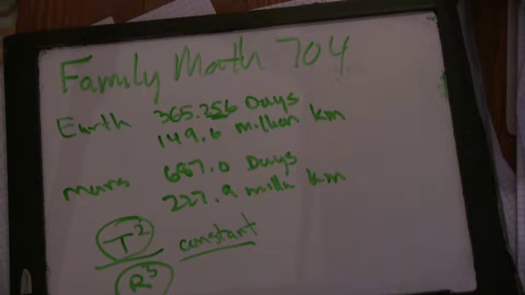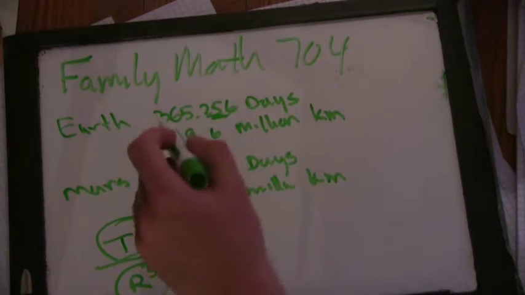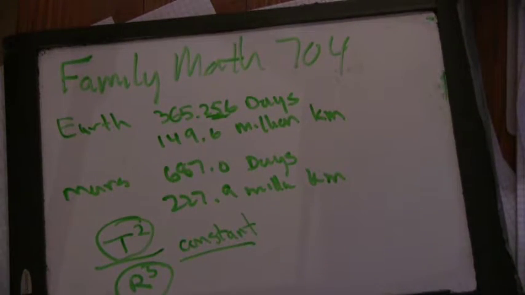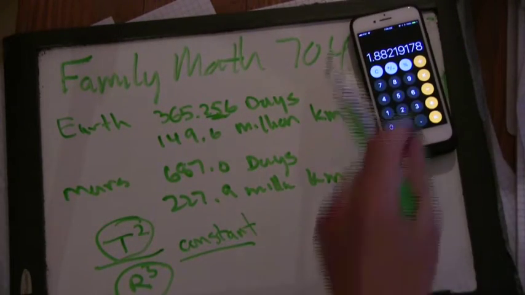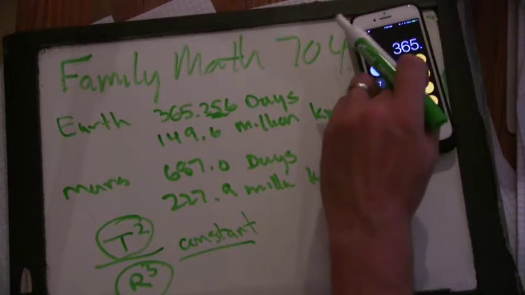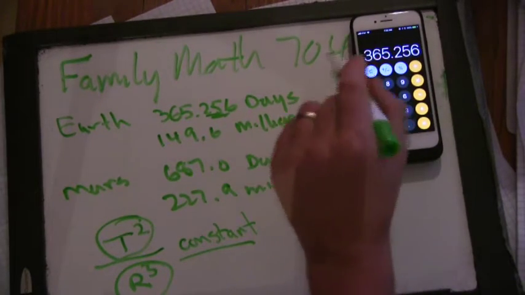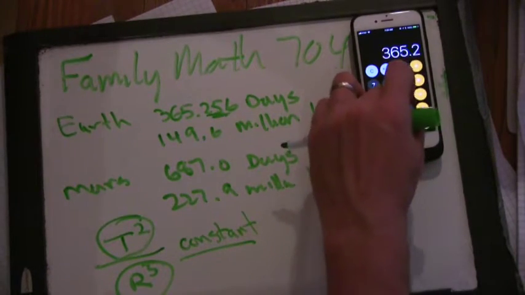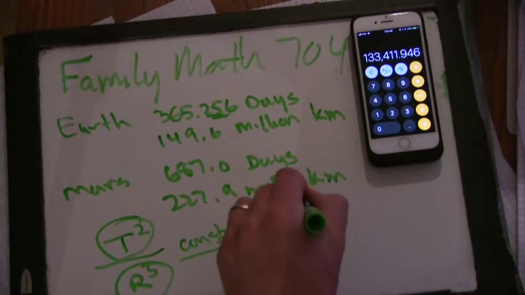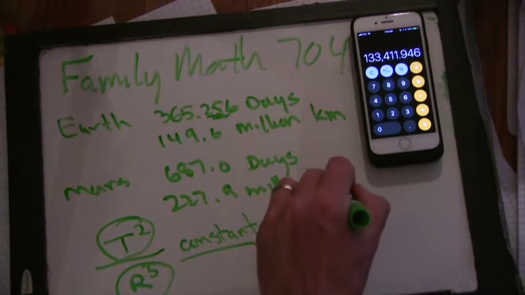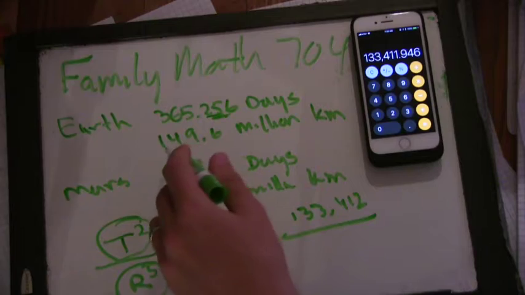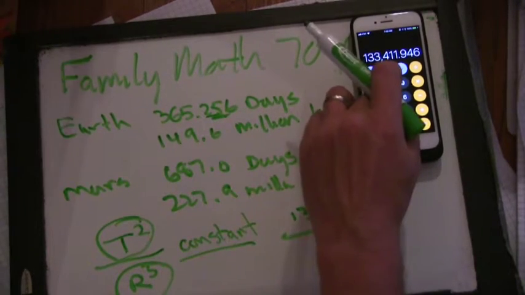Alright. So for Earth, this is 365.256 squared. So 365.256 times 365.256. So that's call it 133,411.9. And then 149.6 cubed.